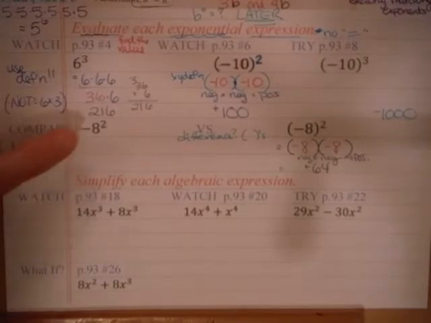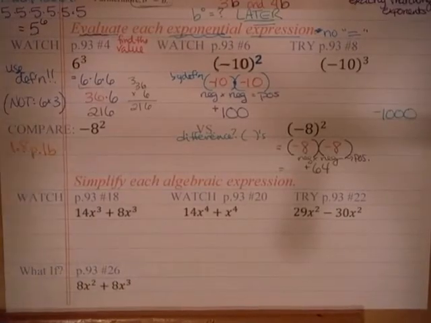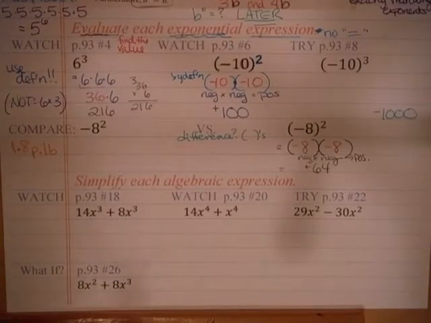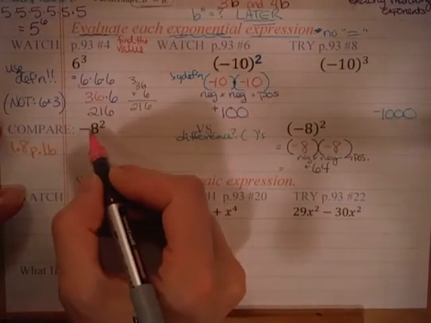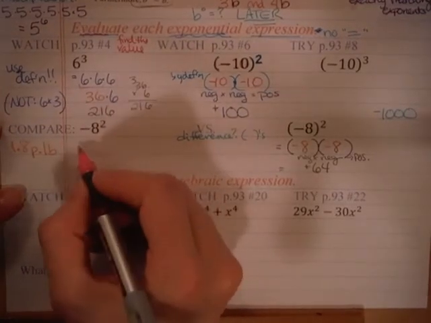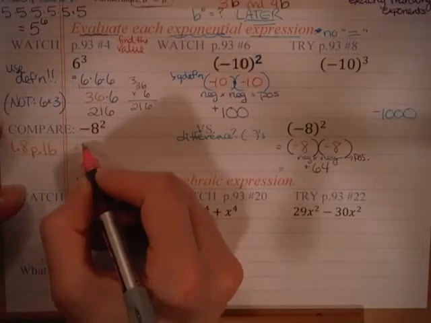Now let's go back and look at this first one, negative 8 squared. Very tempting to think, oh, that's the same thing. I square that negative, and I'm going to have a negative times a negative. But I've mentioned this from the beginning of chapter 1. It will do you a great service to start recognizing the fact that when you have a negative hanging out in front of something, it's as if that item is being multiplied by negative 1.